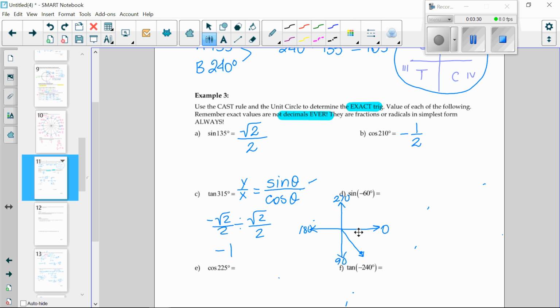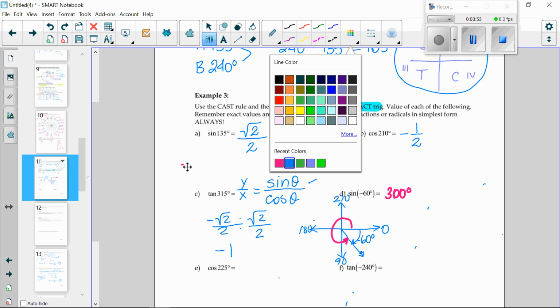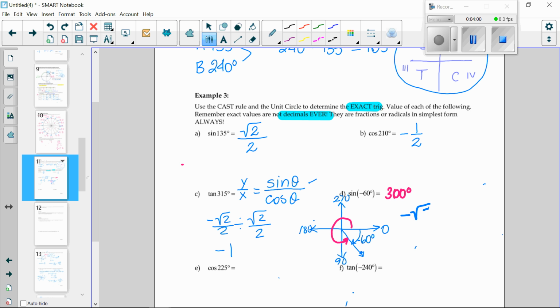That means that if this is negative 60 degrees, and I go counterclockwise, it's going to be equal to 300 degrees on the unit circle. So from there, we should be able to find that sine of 300 is going to be negative root 3 over 2.